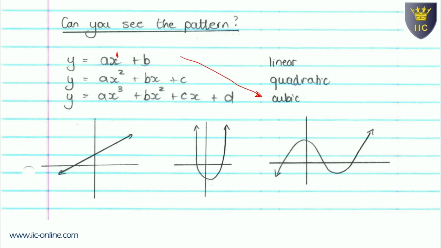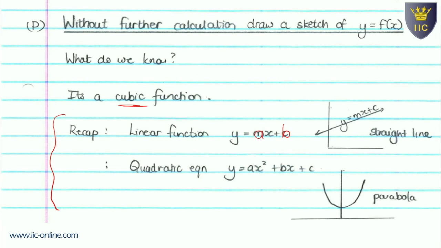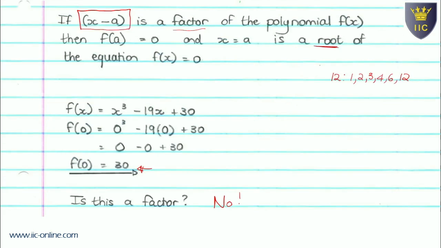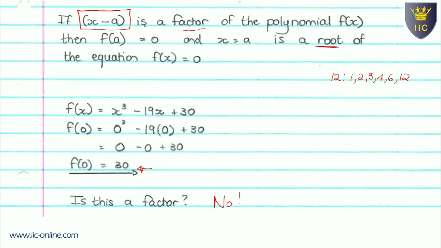Just a reminder, we were asked, without further calculation, can you draw a sketch of y is equal to f of x? Now I'm going to go right back to the factor theorem. If x minus a is a factor of a polynomial f of x, then when x is a, the polynomial f of a will be 0, x will be equal to a, and that will be a root of the equation f of x is equal to 0.